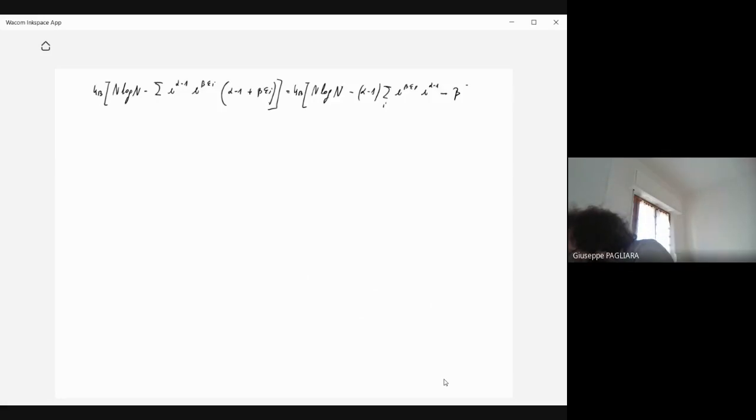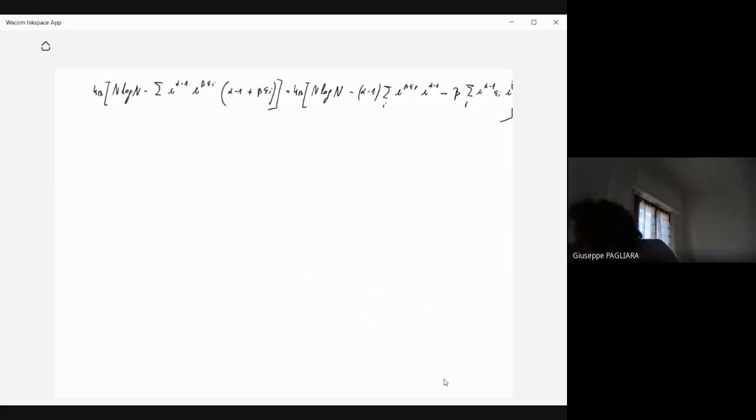And then I have the sum over I e to the alpha minus 1 epsilon I e to the beta epsilon I. Okay, maybe it should be correct. Let me check. It's not very clear with this board.